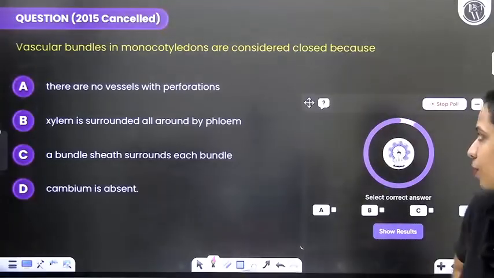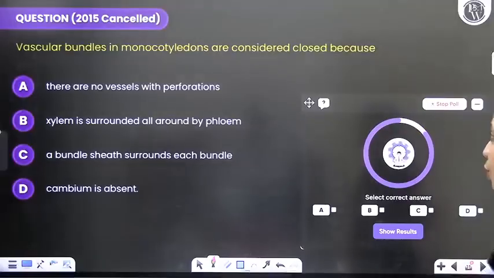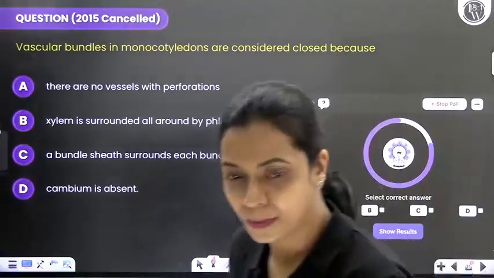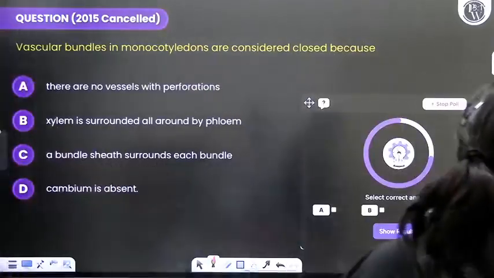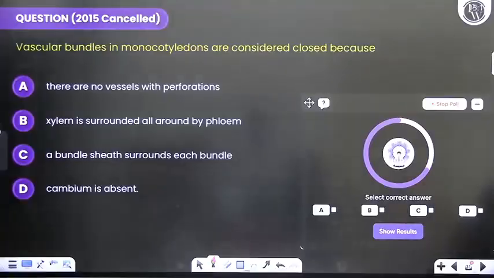Vascular bundles in monocots are considered closed because there's no cambium.